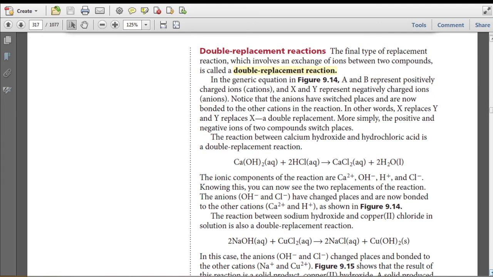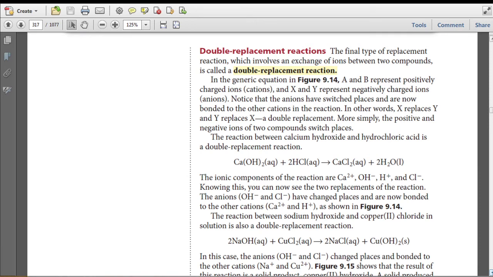The ionic components in the reaction are calcium ions, hydroxide ions, hydrogen ions, and chloride ions. Knowing this, you can see the two replacements of the reactions. The anions, hydroxide and chloride, have changed places and are now bonded to the other cations, calcium and hydrogen.